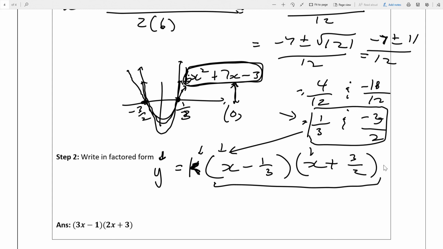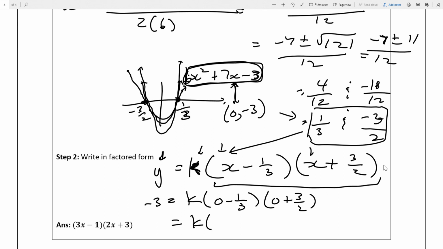So if x is 0, you can see that y is negative 3. So we'll use 0 and negative 3. So y is negative 3, k times (0 minus 1/3) times (0 plus 3 over 2), which equals k times negative 1 over 2. So k is equal to 6, right?